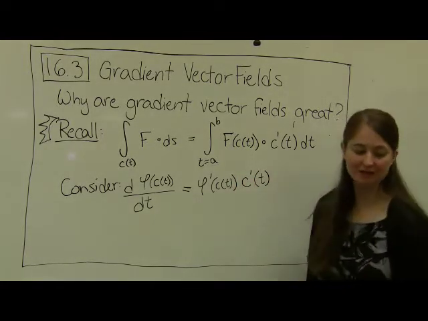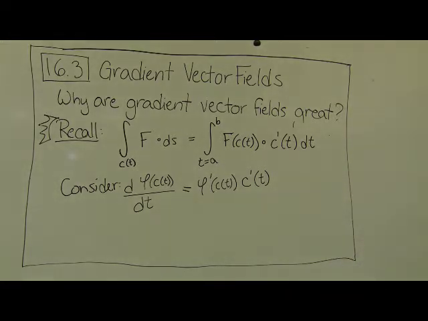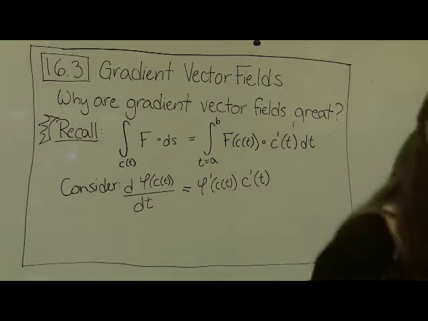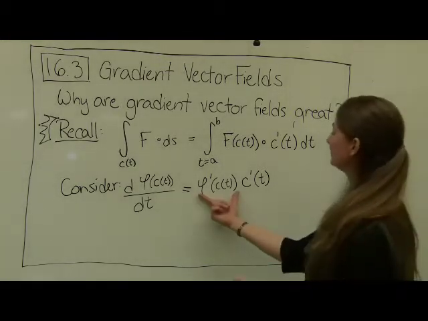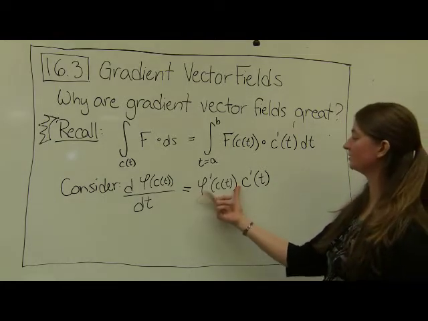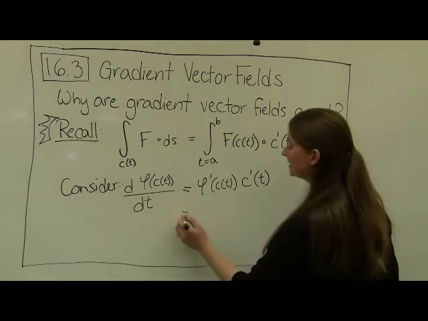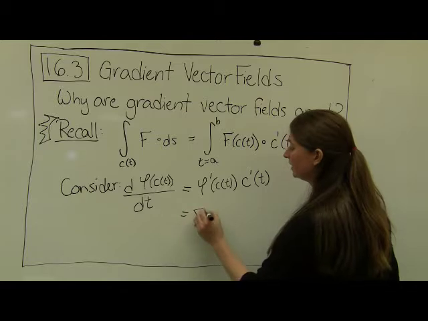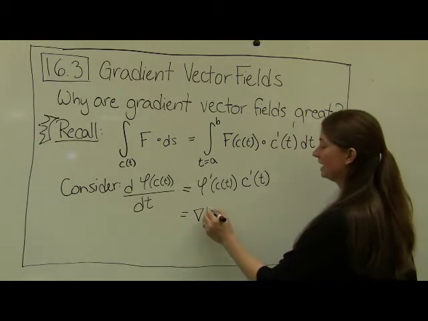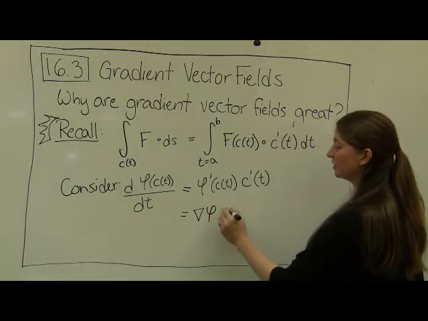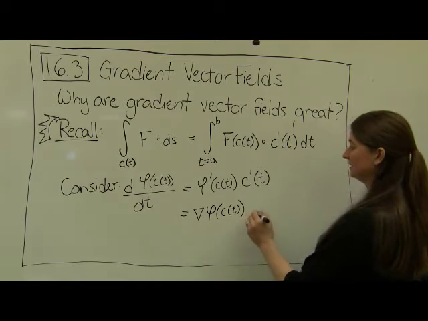However, if we're evaluating this over vector valued functions, then when we talk about this derivative, the derivative of our phi function with respect to t, that's exactly equal to the partial derivative of the first component and the partial derivative of the second component. In other words, our derivative is our gradient evaluated at c of t.